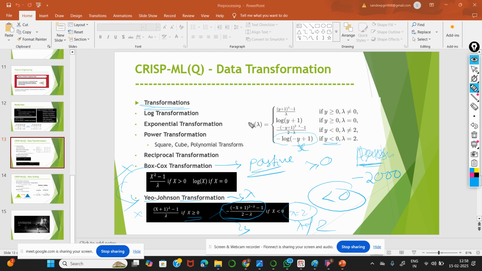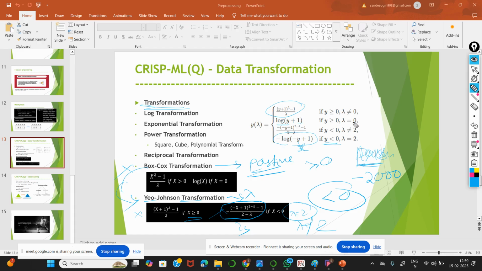This is all about which formula is used based on the conditions. If y is greater than or equal to 0 and lambda is not equal to 0, it will use this formula. If lambda equals 0, the denominator would be 0, and something divided by 0 is infinity, so it will not work. There it will go for log of (y plus 1).